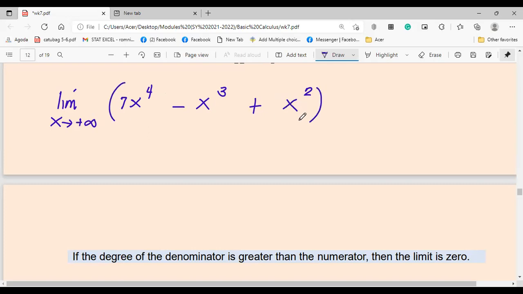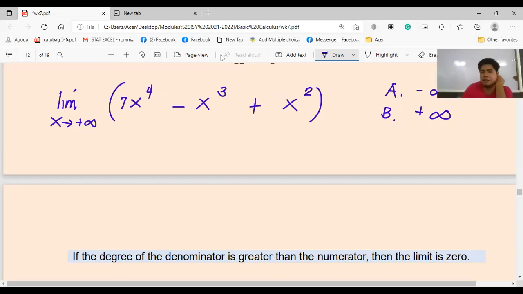What is your answer? A, negative infinity. B, positive infinity. May I know your answer? Please comment your answer in 5 seconds. What is the limit of 7x raised to 4 minus x cubed plus x squared as x keeps on increasing? 5 seconds.